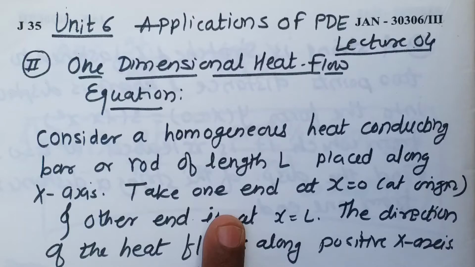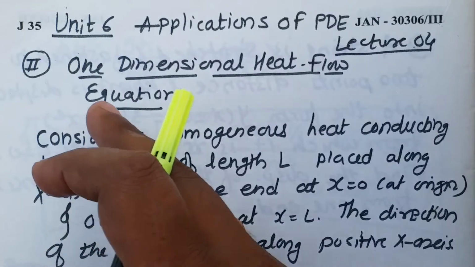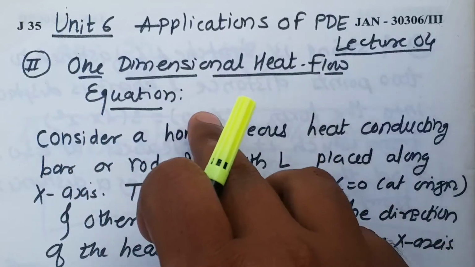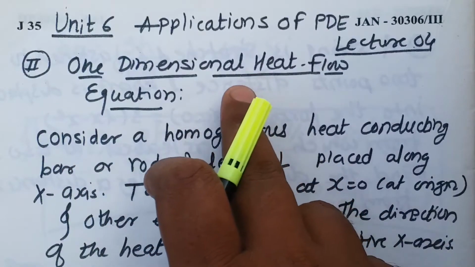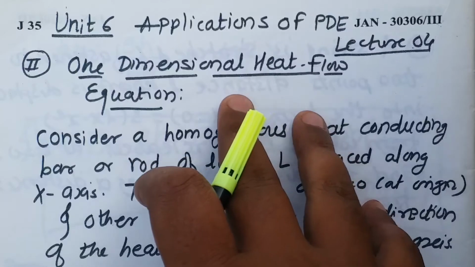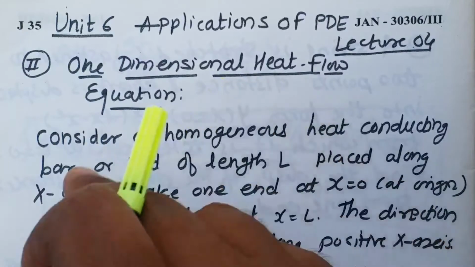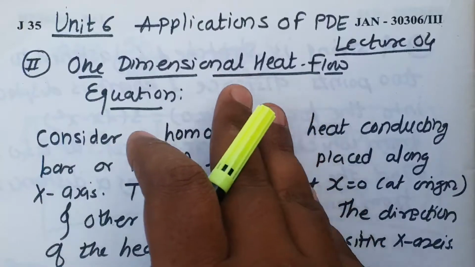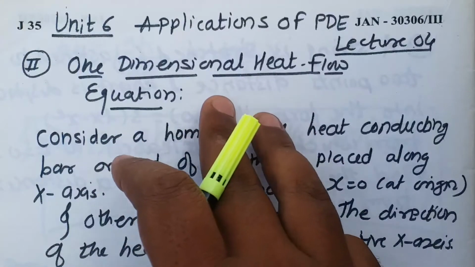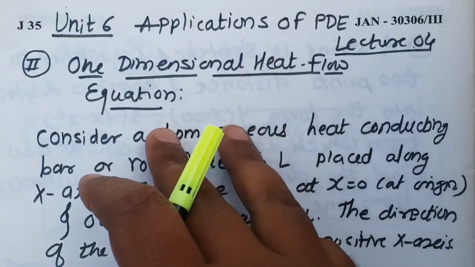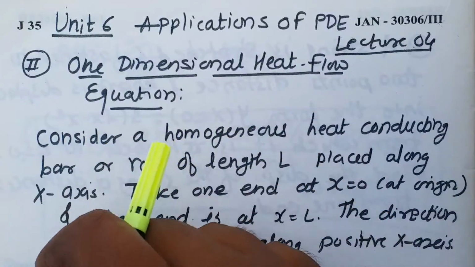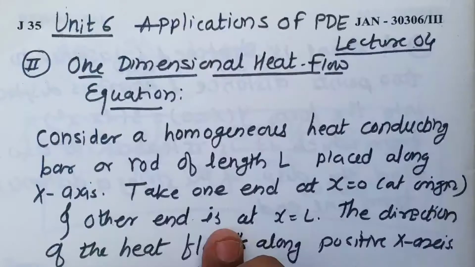In this lecture we are going to start with the second application, the one dimensional heat flow equation. In this application we are going to discuss the concept of heat flow, and there are two cases we are going to discuss. One is the one dimensional case, and the second is the two dimensional case, which is also called the Laplace equation.